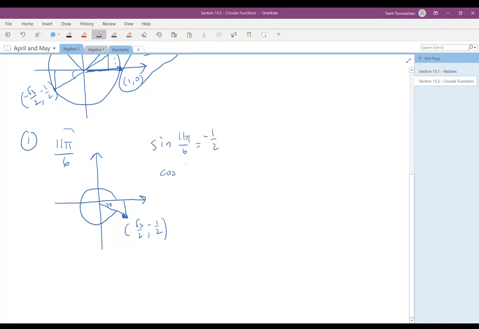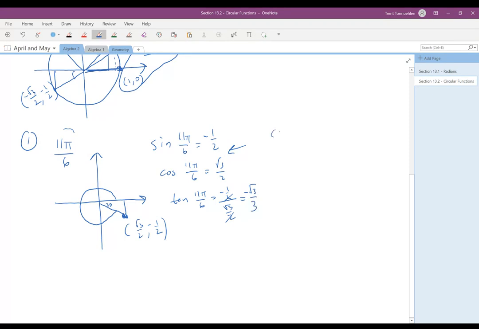The cosine of 11 pi over 6 is just going to equal √3 over 2. The tangent of 11 pi over 6 equals negative 1/2 over √3 over 2, right? The y over x value. The 2's cancel, so that's negative 1 over √3, which is the same as negative √3 over 3.